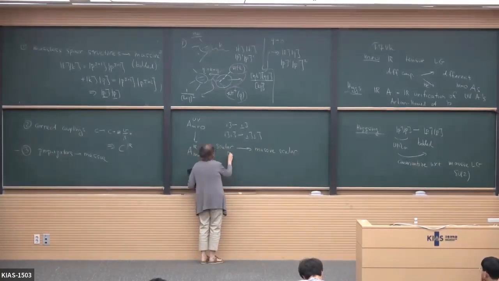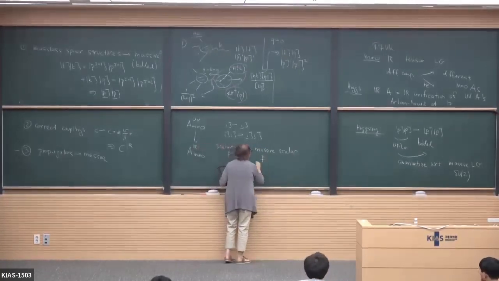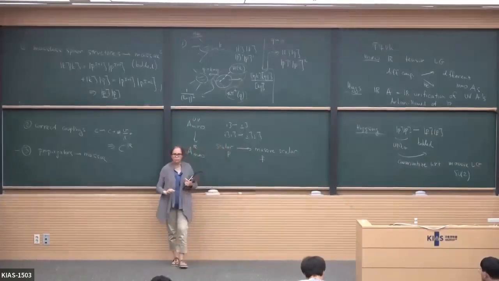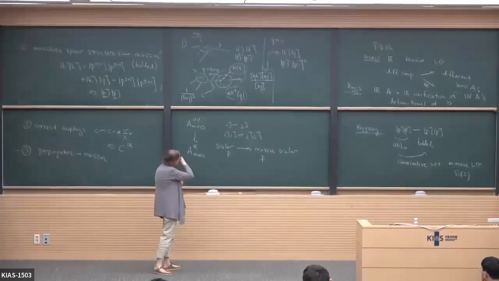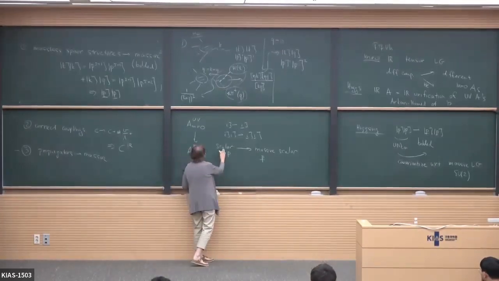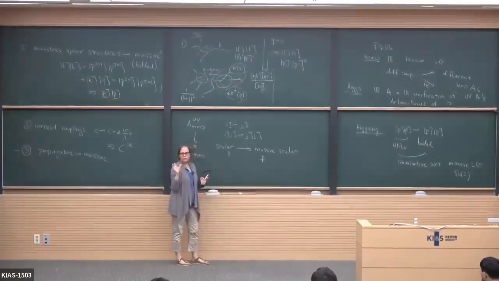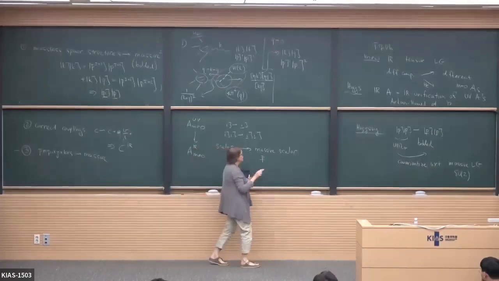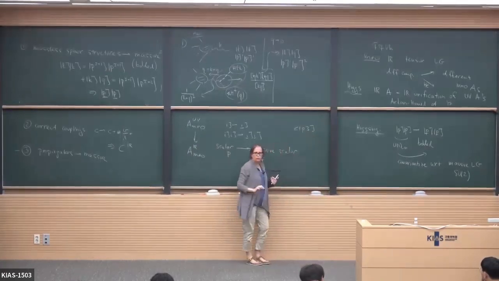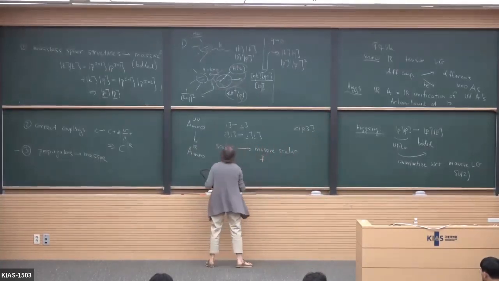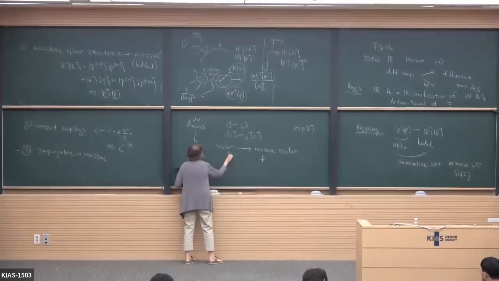So my momentum p here is just becoming a massive momentum. But there's something a little more interesting, which happens if the scalar momentum appears in some spinor structure. For example, I can have something of the form ⟨1|p|3], where this p is a scalar momentum. So let's say the scalar is I.